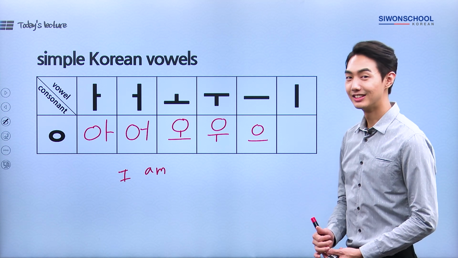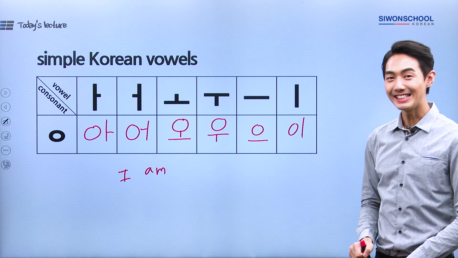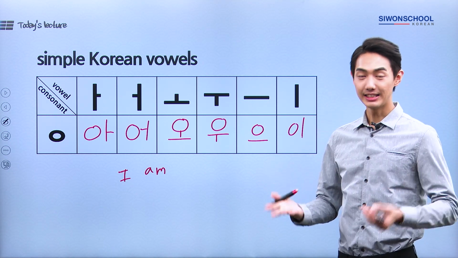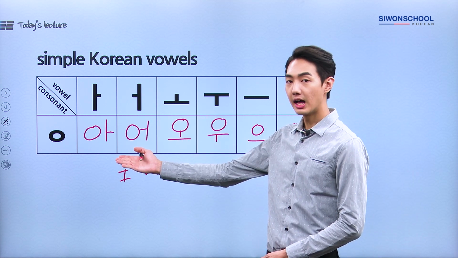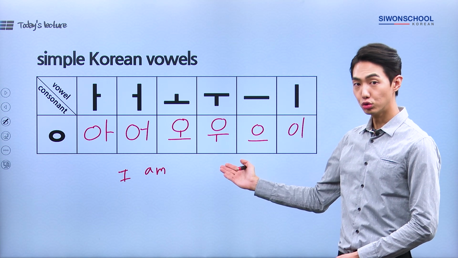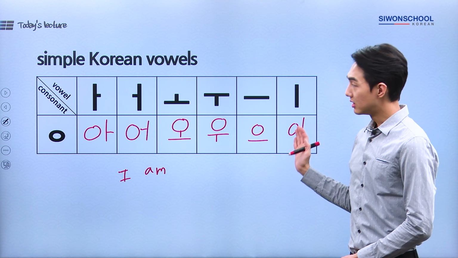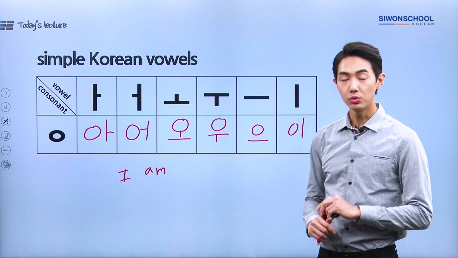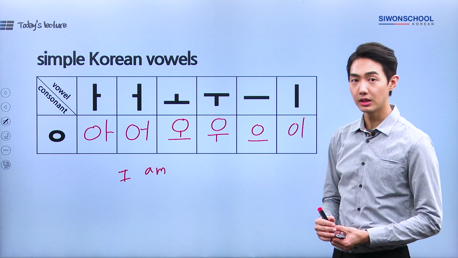And this one is called E, like when you smile. So repeat after me: O, U, E. This is very similar to A, E, I, O, U in English, so I'm pretty sure you have no problem with the pronunciation.